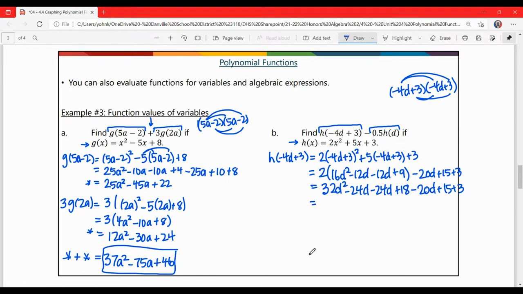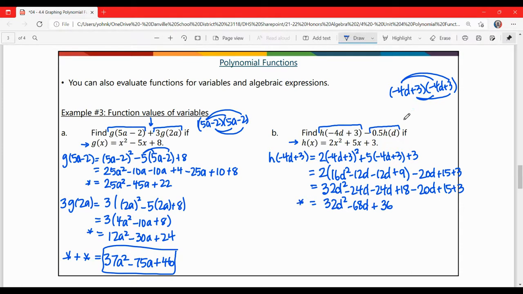One more step to collect like terms. I got 32d squared minus 24d minus 24d minus 20d is minus 68d. And then I have 18 plus 15 plus 3. That's 36. Put a star by it.